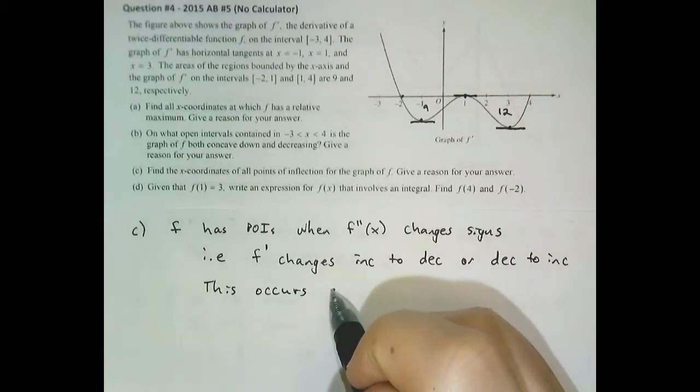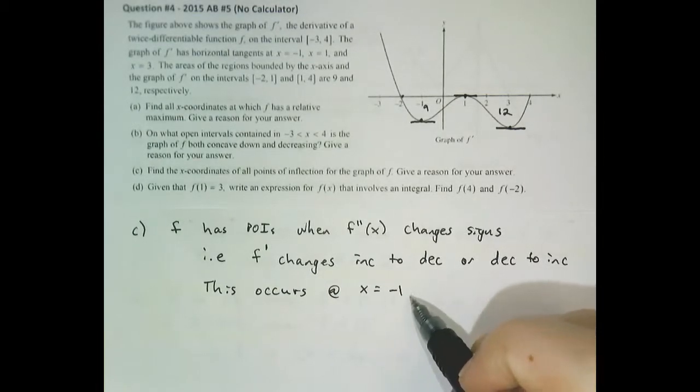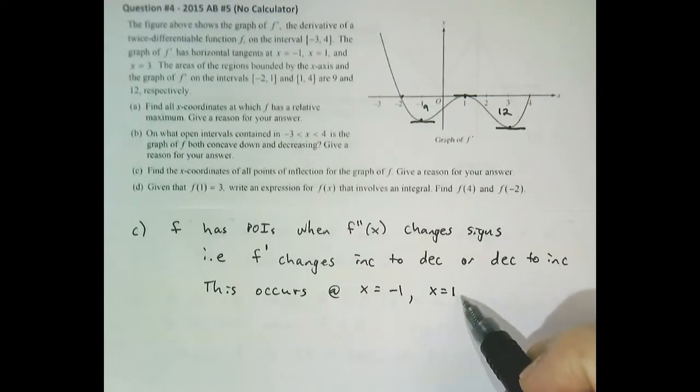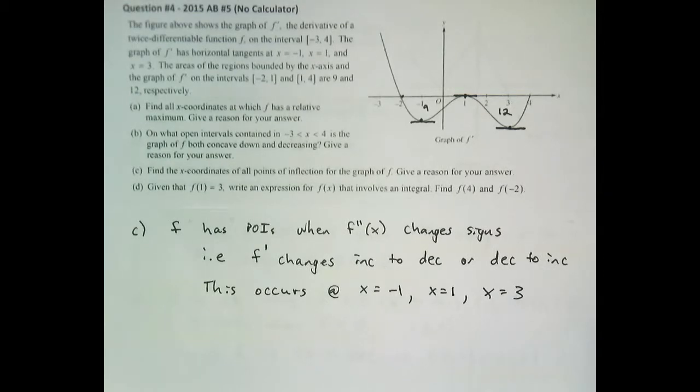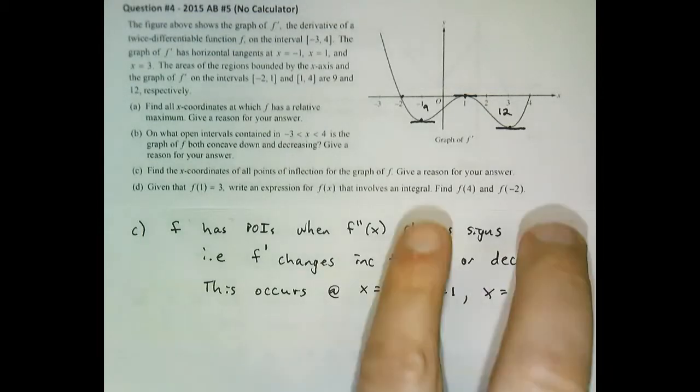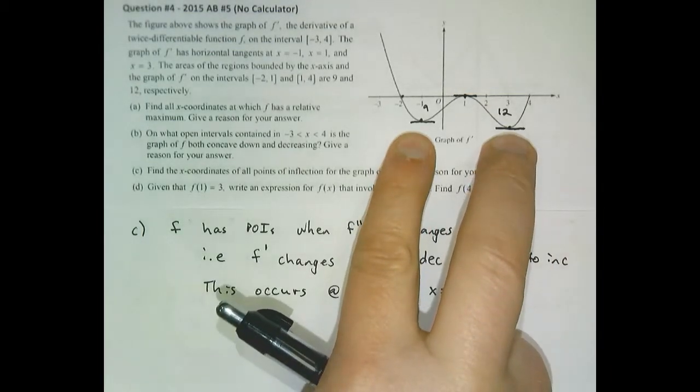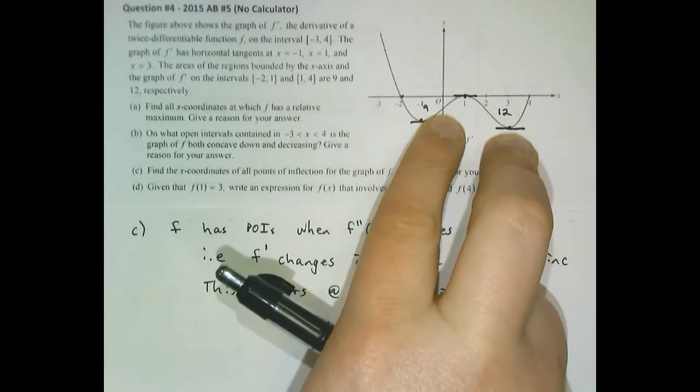This occurs at x equals -1, x equals 1, and x equals 3. If you want to be more specific, which I think specificity is to your benefit most of the time, you could be more deliberate and say, at -1 and 3, f prime changes from decreasing to increasing.